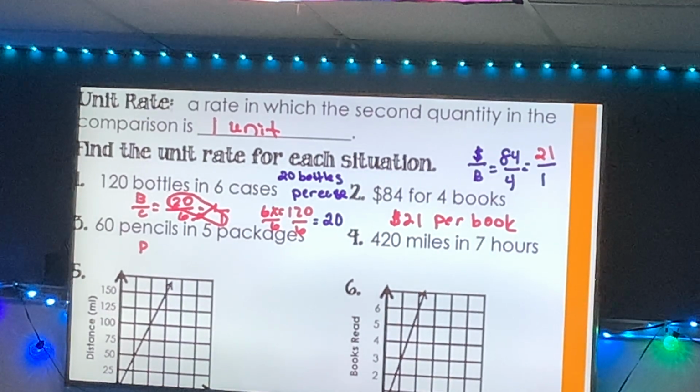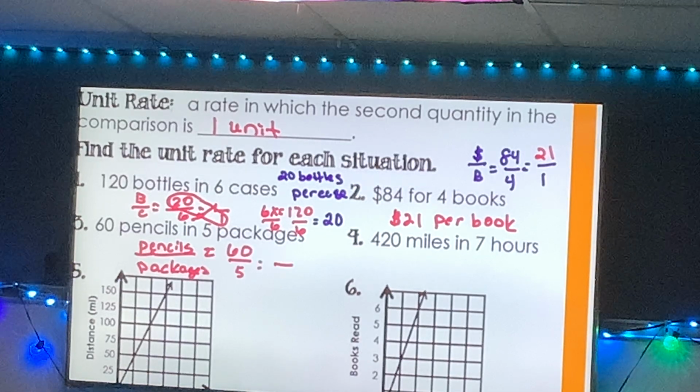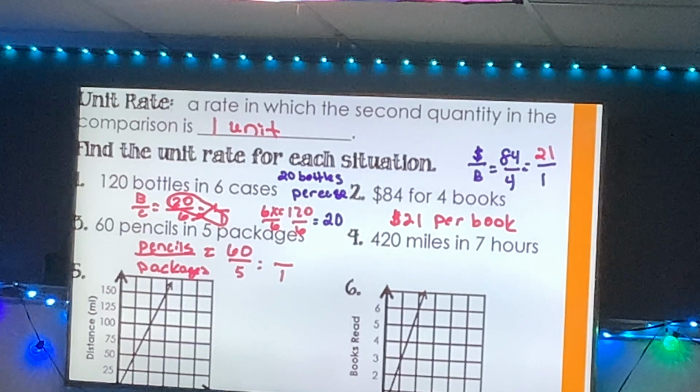So we have pencils. Oh, I gotta write more than that because they both start with P. Over packages. So we have 60 pencils in 5 packages. How many pencils per package? 60 for 5.